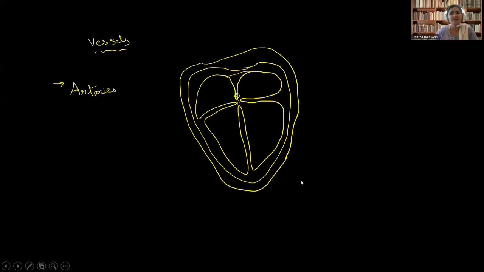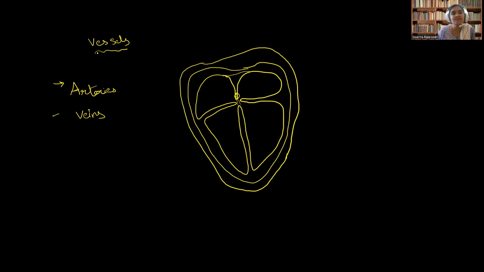So when we are seeing the internal structure of the heart, first we have to see the blood vessels. There are two types of blood vessels, mainly arteries and veins. Okay, we have seen the septa, everything. I have rubbed everything. Now I am telling you about the internal structure.